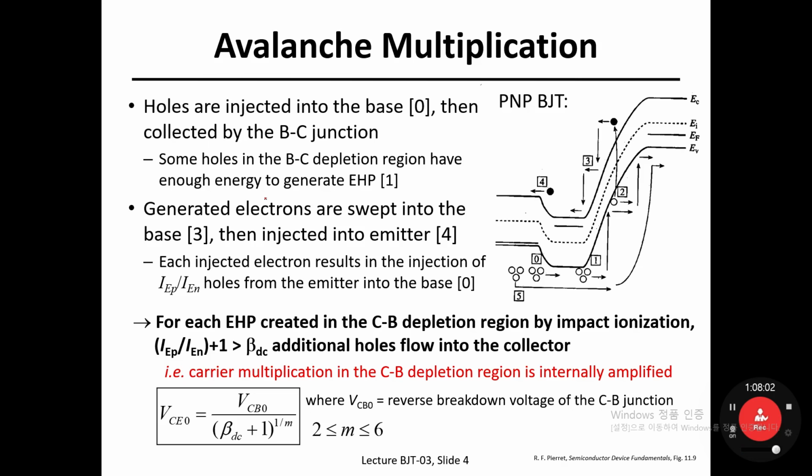What about avalanche multiplication? You remember the impact ionization stuff. Those kinds of things would happen in the base-collector junction when a very high reverse bias has been applied across the base and collector junction. So avalanche multiplication would happen.